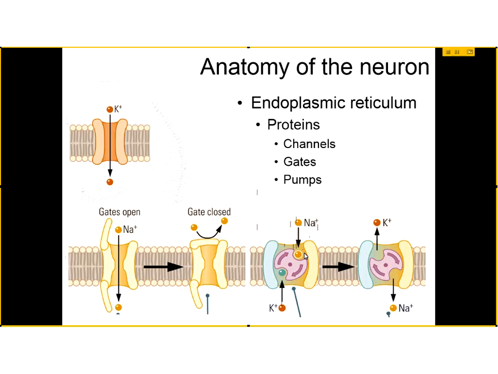And then they can turn into channels to allow certain chemicals to move across the membrane, gates that have some conditions that need to be met in order to allow certain chemicals to move across the membrane, or pumps that sit there and actively transport certain chemicals across the membrane, kicking sodium out and bringing potassium in.